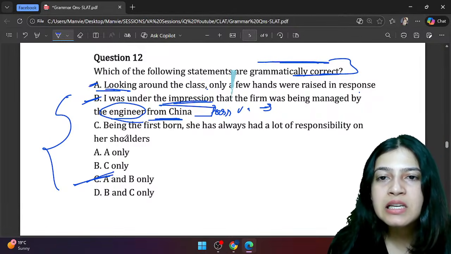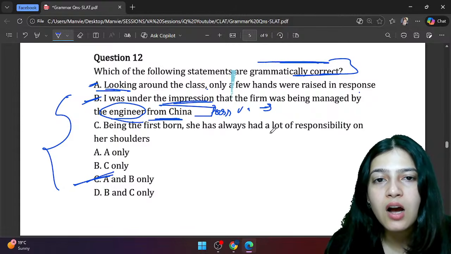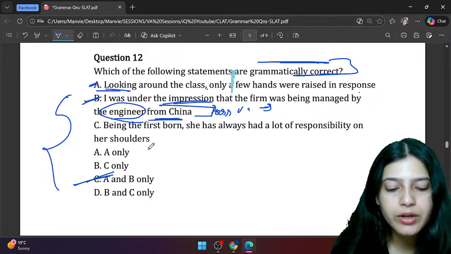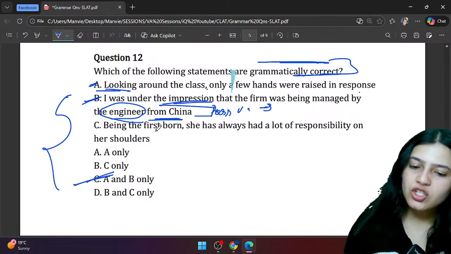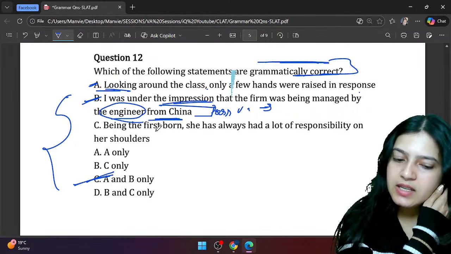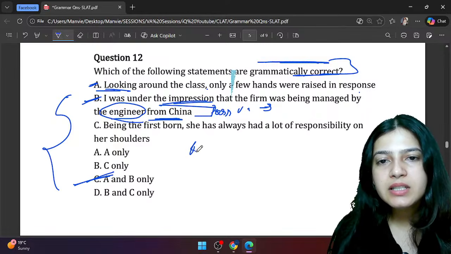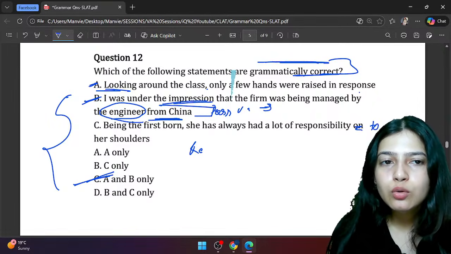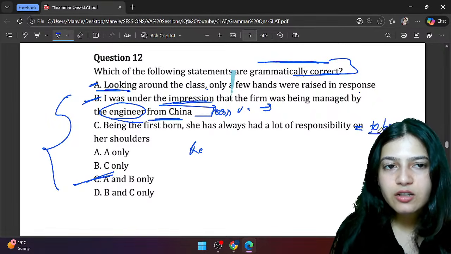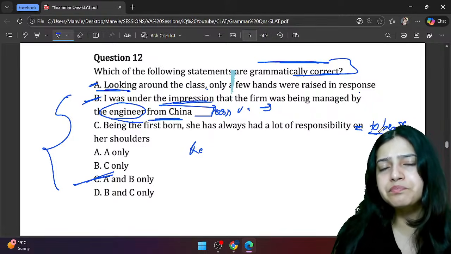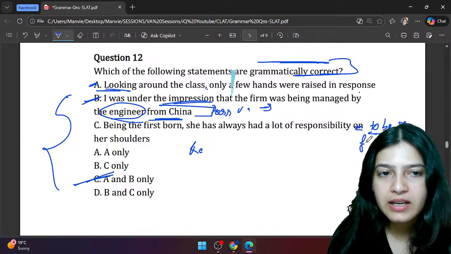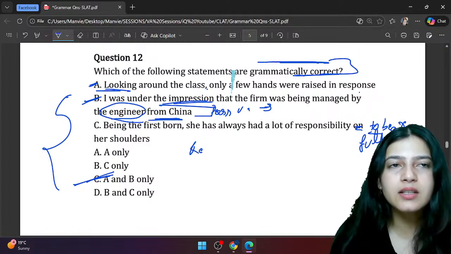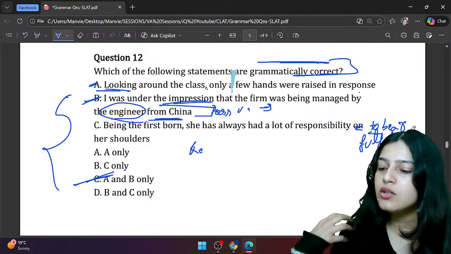So C, being the firstborn, she has always had a lot of responsibility on her shoulder. She always had a lot of responsibility to bear. Here to is used, for example to fulfill. But when we talk about on, it's basically burden on the shoulders, right?